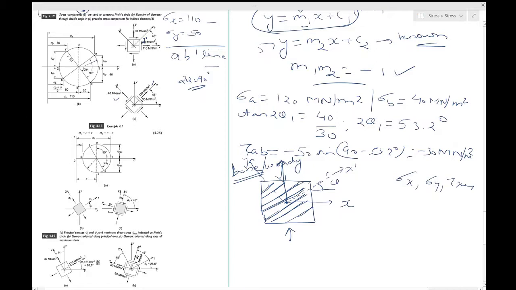Originally the coordinate system is not aligned, but now it is. If you have the stress measured here, you can find the stress along the orientation of these fibers, and then better predict whether the wood or the bone will break or not, because it is stronger in that direction.